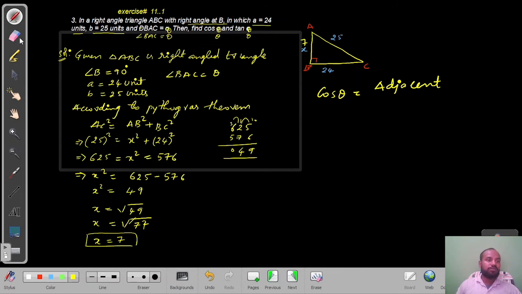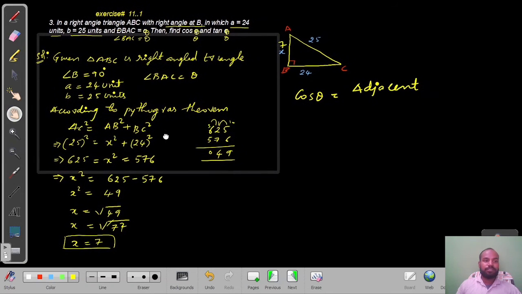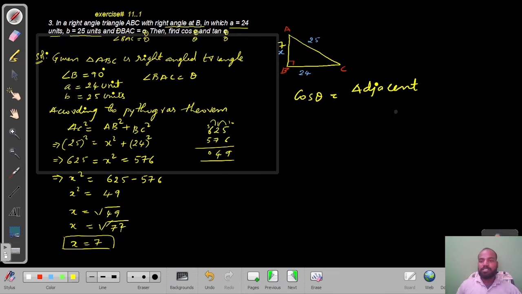One more thing I want to remind you: theta is important here. This is theta, so with respect to it, we should write the side adjacent to theta by hypotenuse.